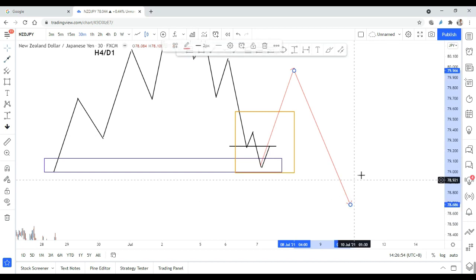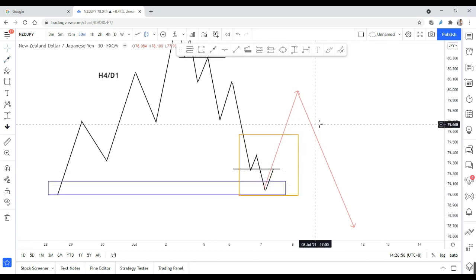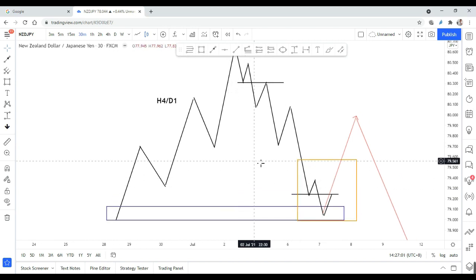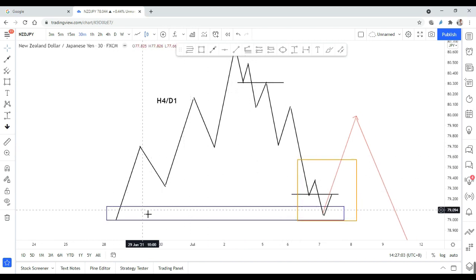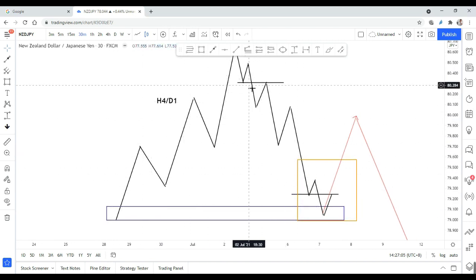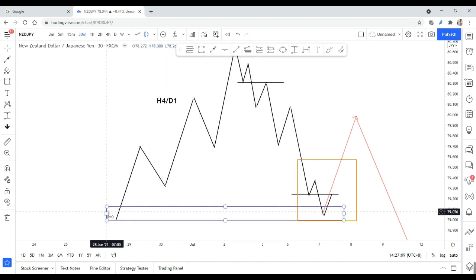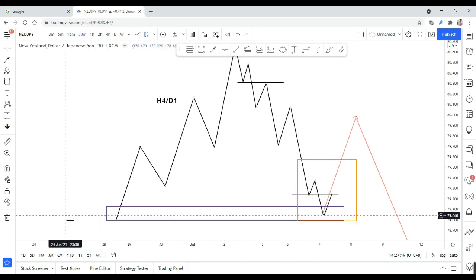So in order to avoid this, you always need to check, even though you're making higher high, higher low, whether there is any zone or any danger, a strong SSR around here.